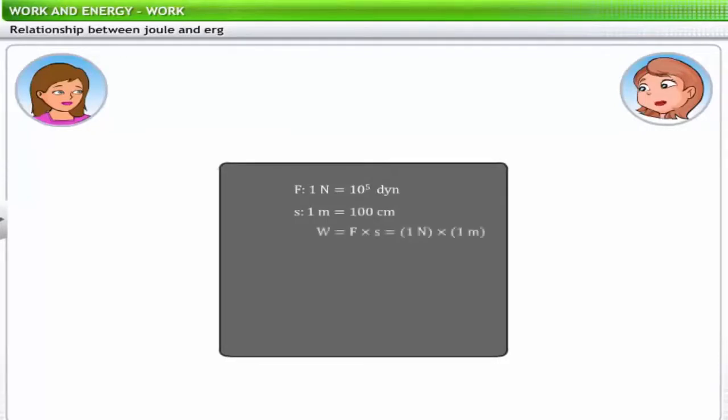Thus, the work of 1 joule is equal to the product of 10 raised to the power 5 dyne and 100 centimeters. This is equal to 10 raised to the power 7 dyne centimeters, and as 1 dyne centimeter is equal to 1 erg, we get 1 joule is equal to 10 raised to the power 7 erg.